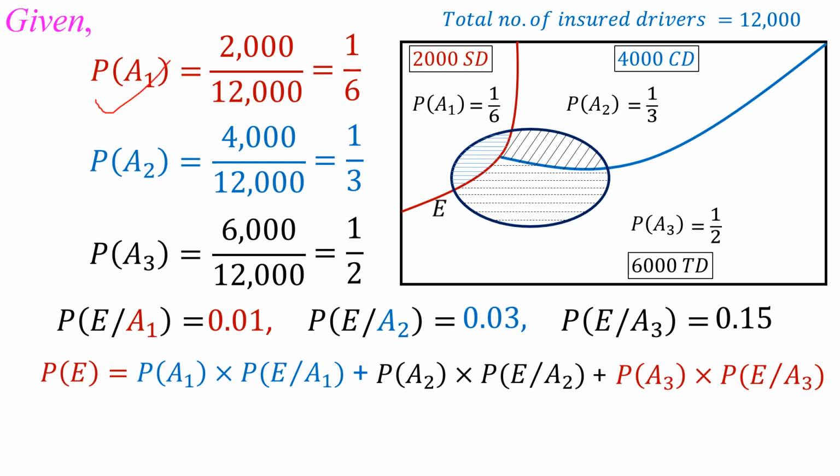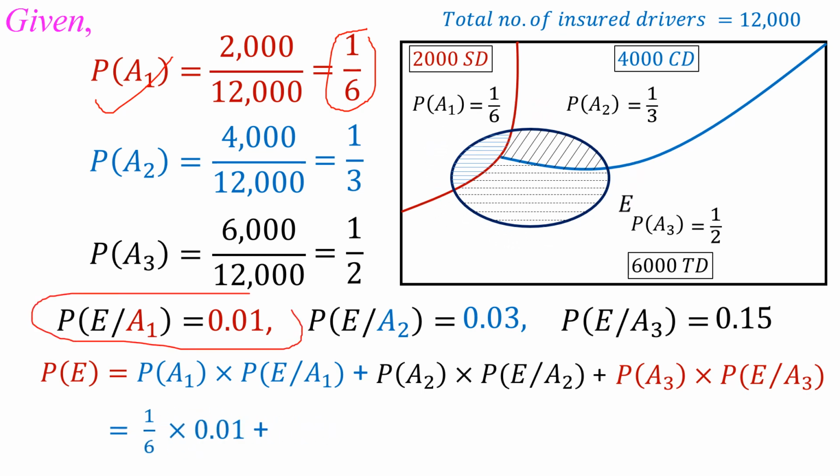Here, P(A1) has value 1 by 6, so we write 1 by 6. And then P(E/A1) is equal to 0.01. Here write this value, and on the same line we have written the remaining values.